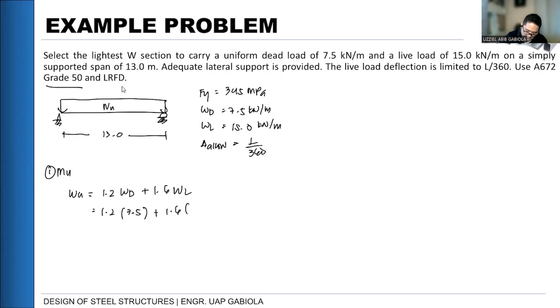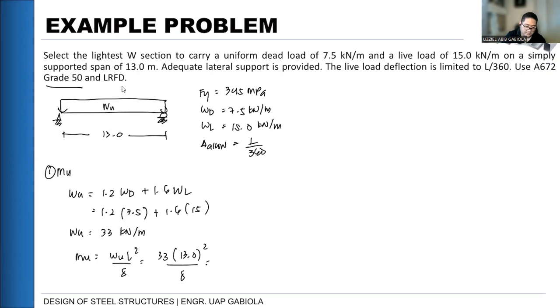WU natin is 1.2 times 7.5 plus 1.6 times 15, we have 33 kilonewton per meter. MU natin will be WU L squared all over 8. So 33 times 13 squared all over 8.